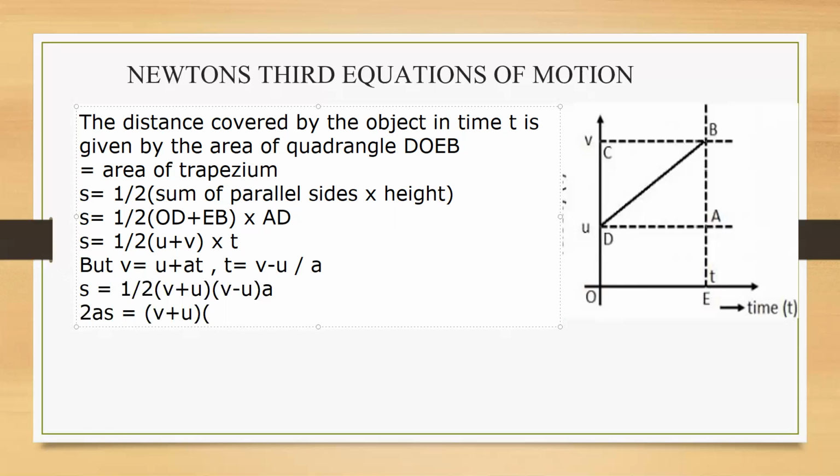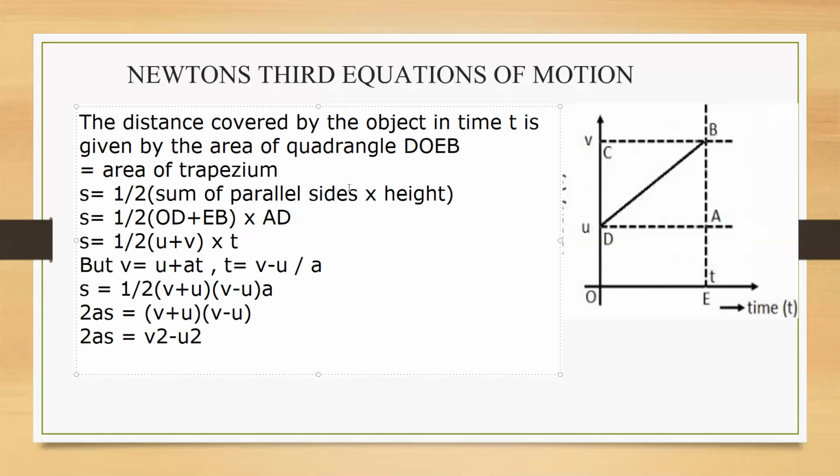into V minus U. Now, this V plus U into V minus U is in the form of the identity A plus B into A minus B, which is equal to A square minus B square. So we can write this as 2AS is equal to V square minus U square.